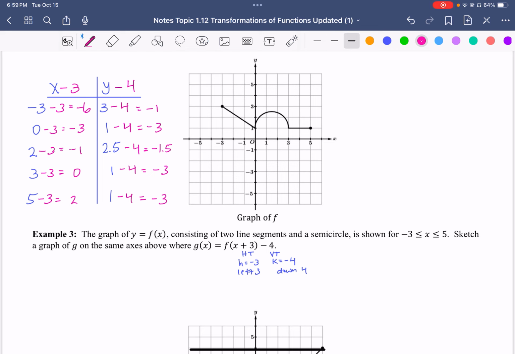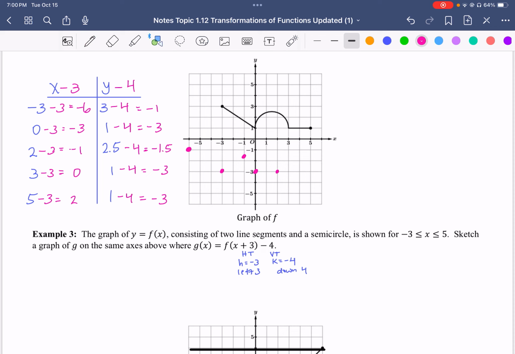So what I'm going to do now is plot these new points on my graph. So we have -6, -1, which is over here, -3, -3, -1, and -1.5. Oh, I think I did that wrong. That should have been, oh no, I didn't. -1, -1.5, 0, -3, and then 2, -3.